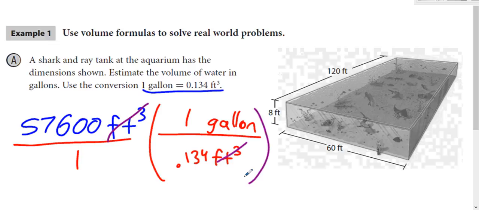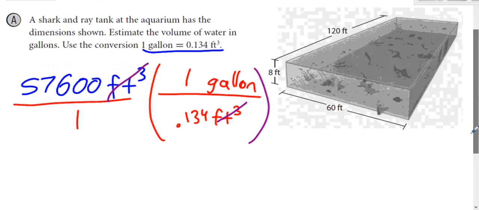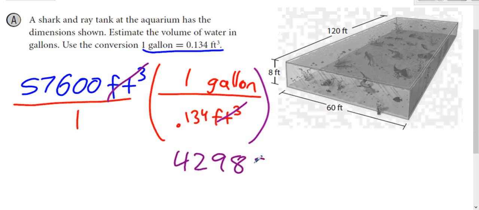So that means to do this conversion, we're going to take our 57,600 divided by 0.134. And that will be how many gallons this tank holds, which is 429,850.7463 gallons.